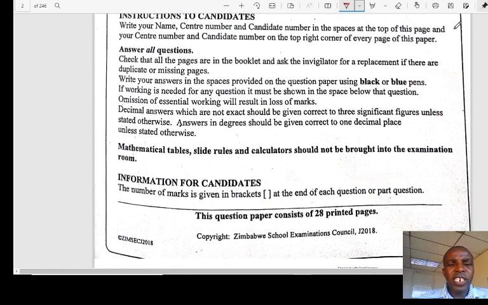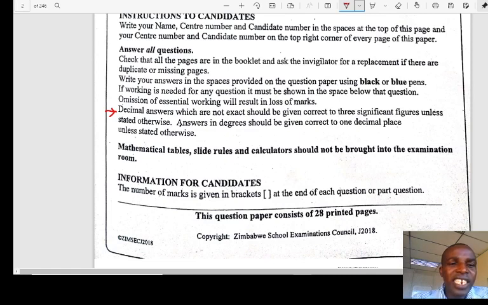Before attempting these question papers, please take note of the instructions. You have to read the instructions, especially this one. Decimal answers which are not exact should be given correct to 3 significant figures unless stated otherwise.